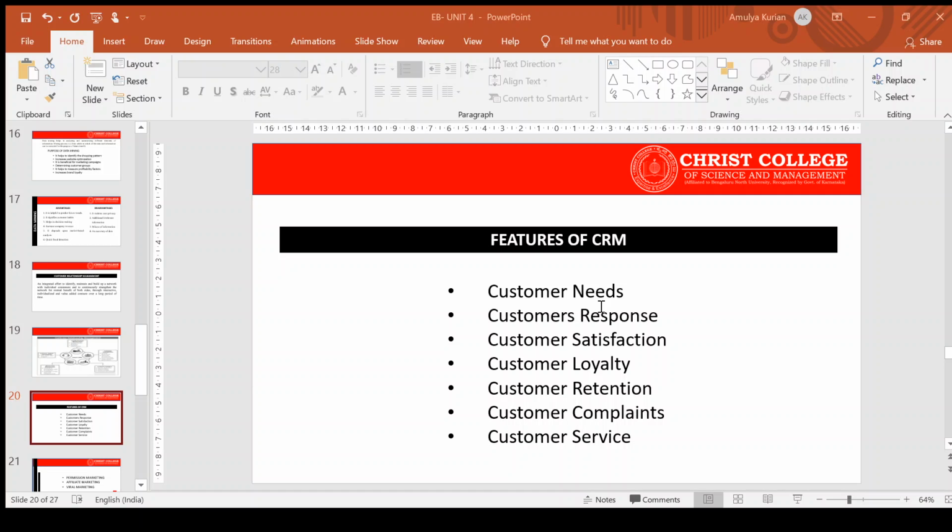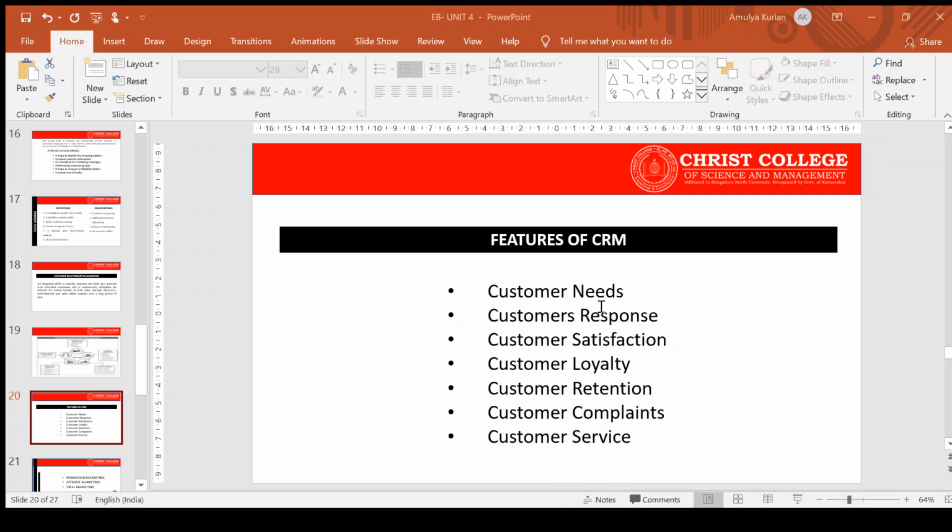And next one, customer complaints. If there exist any complaints, they should be genuinely tackled, and handled in such a manner that the ultimate satisfaction of the customer is acquired. Then the next one, customer service. In an organization, customer service is the process of delivering information and services regarding all the products and brands.